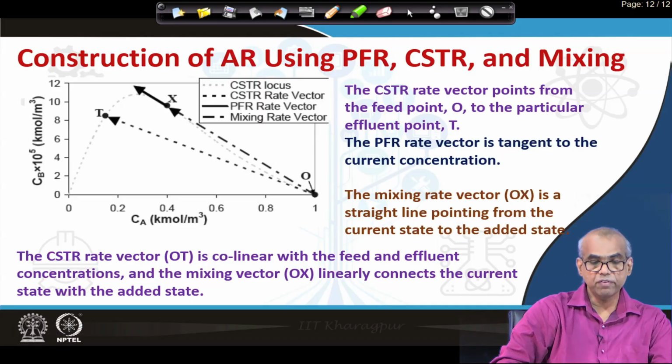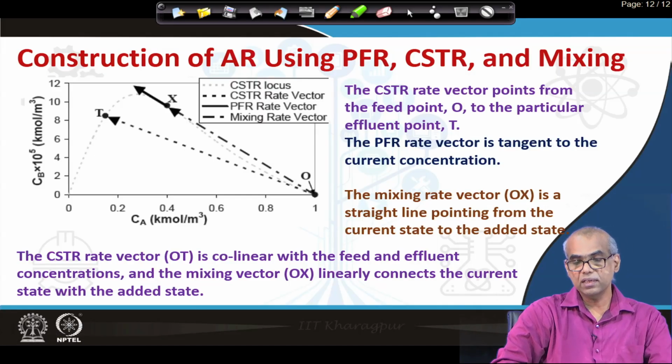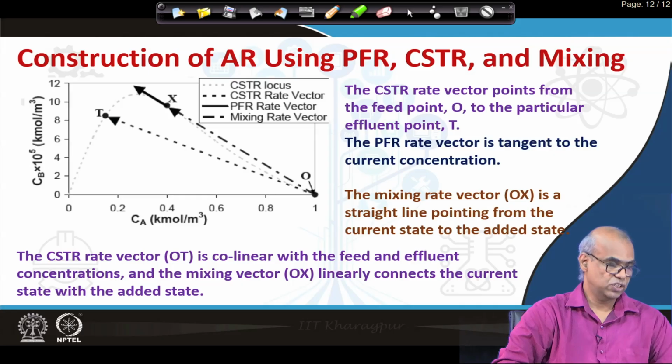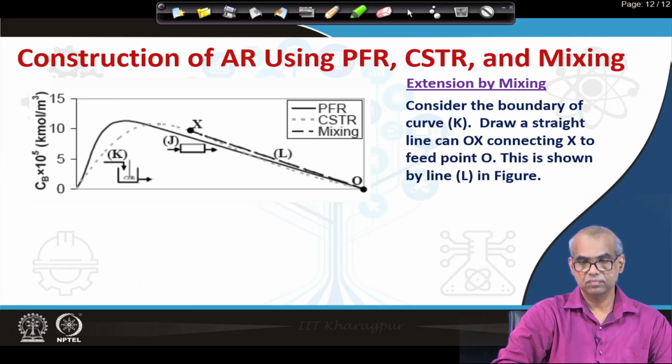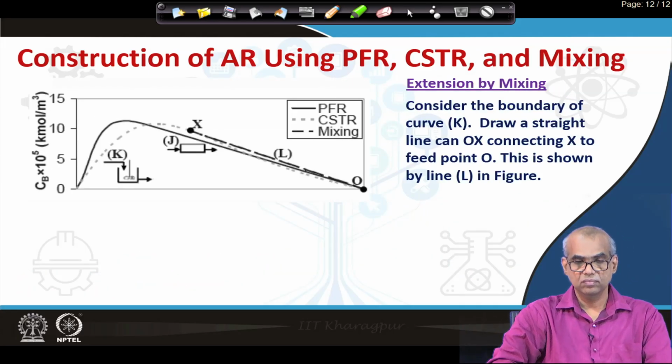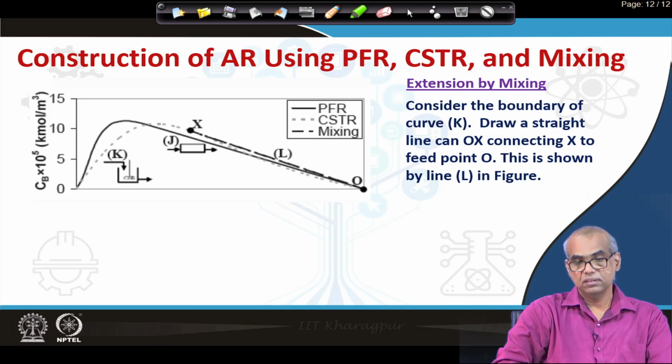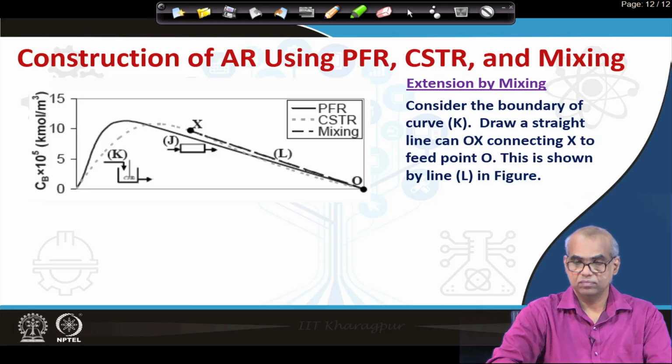The CSTR rate vector OT is collinear with the feed and effluent concentrations, and the mixing vector OX linearly connects the current state with the added state. So, we can extend the CSTR trajectory by mixing.